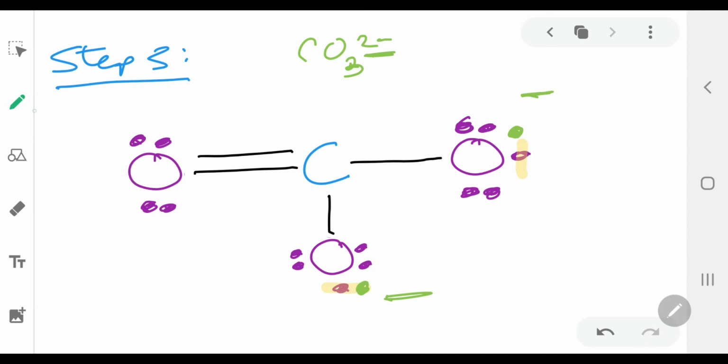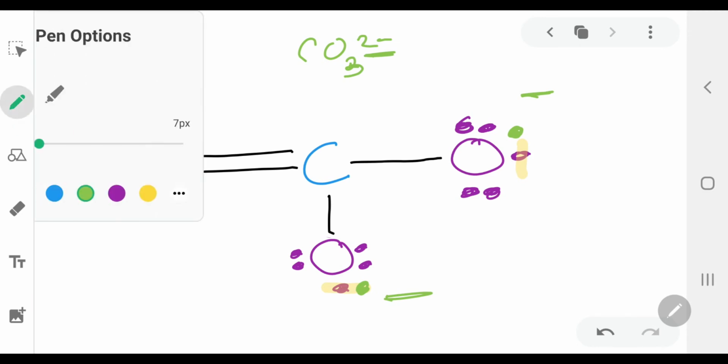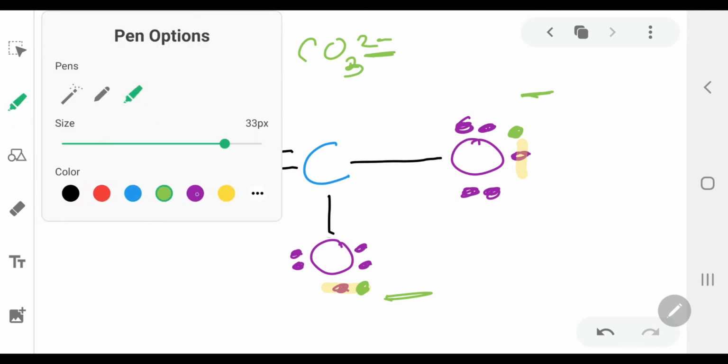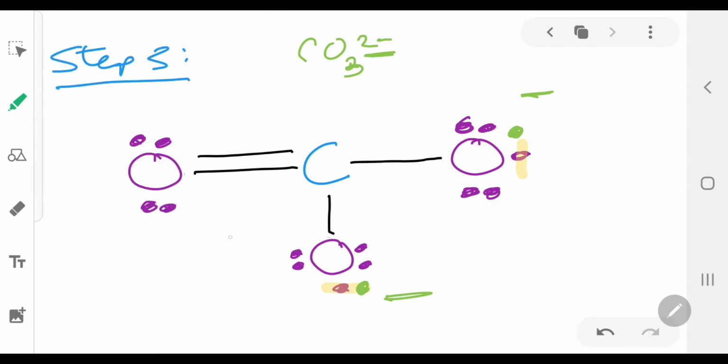So when you count all the electrons, you've got 24. Okay, so when you look at 1, 2, 3, 4, 5, 6, 7, 8, 9, 10, 11, 12, 13, 14, 15, 16, 17, 18, 19, 20, 21, 22, 23, 24.